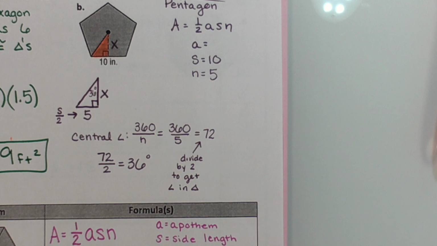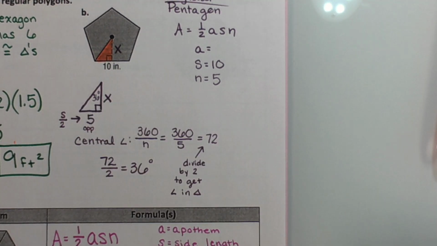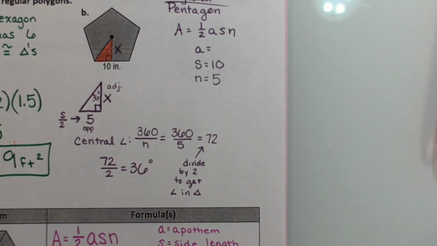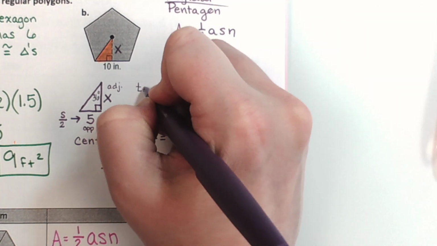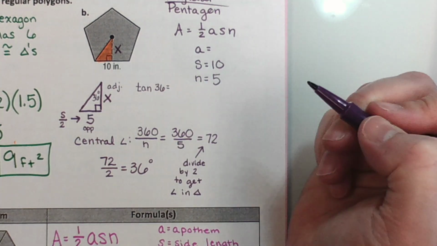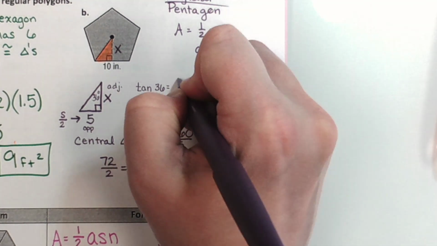Now I can do trig. Which side length is the opposite? 5. Because I already established the hypotenuse was the radius and that we don't know that, which means x is the adjacent, and SOHCAHTOA tells me we're going to use tangent of that 36 degrees equals, is it 5 over x or x over 5? 5 over x.